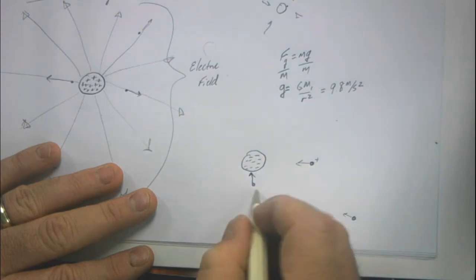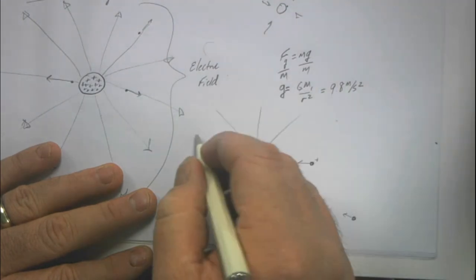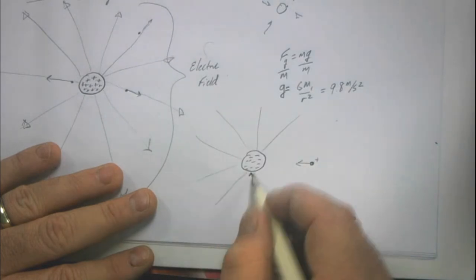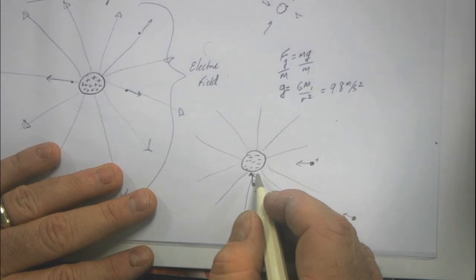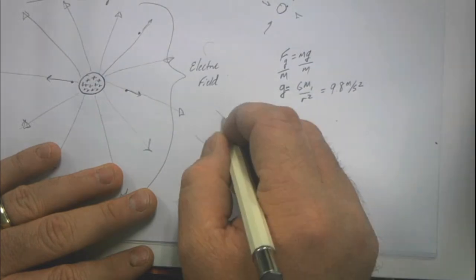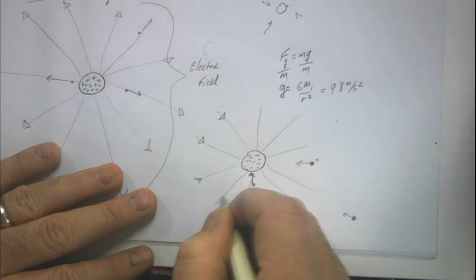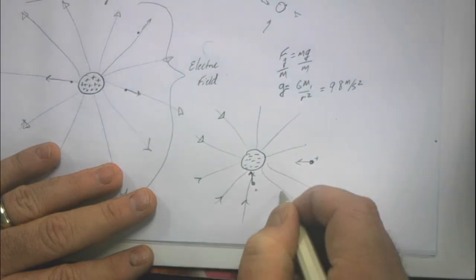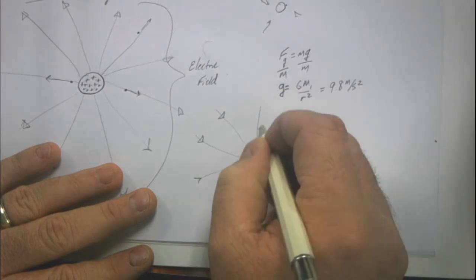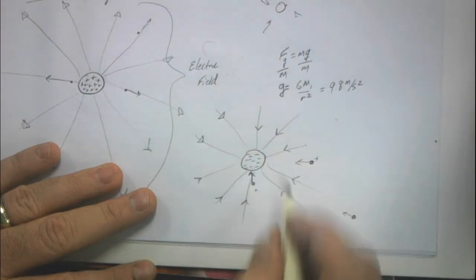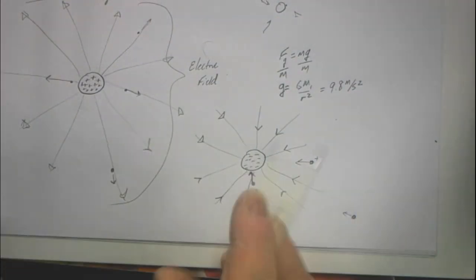Yeah. And so these same lines exist. They're still radial out from our charge, but in this case, they're all pointing towards our negative charge rather than away from our negative charge because of the change in the charge.